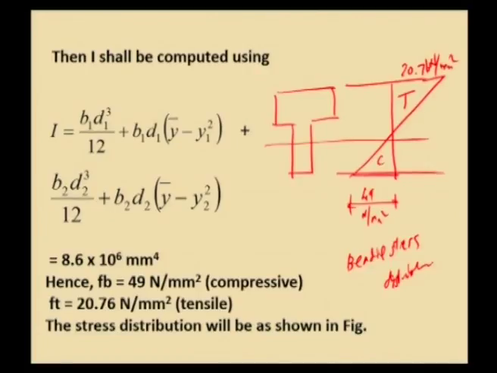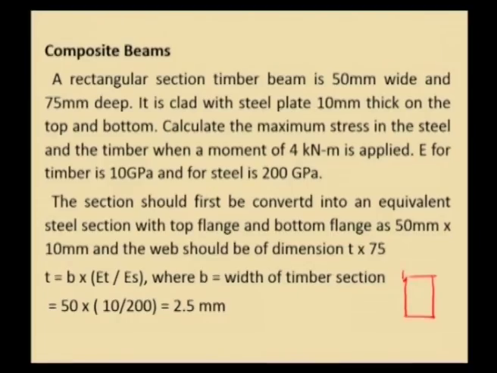Next, you will see composite beams, because practically we involve composite materials also. Say for example, we may have a timber beam or timber cross section, and it shall be reinforced or cladded with some steel strips like this. So, this will form a composite section that contains two different materials.